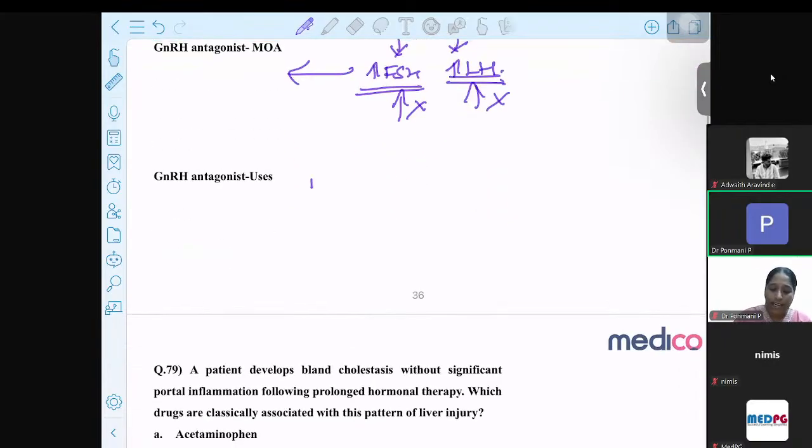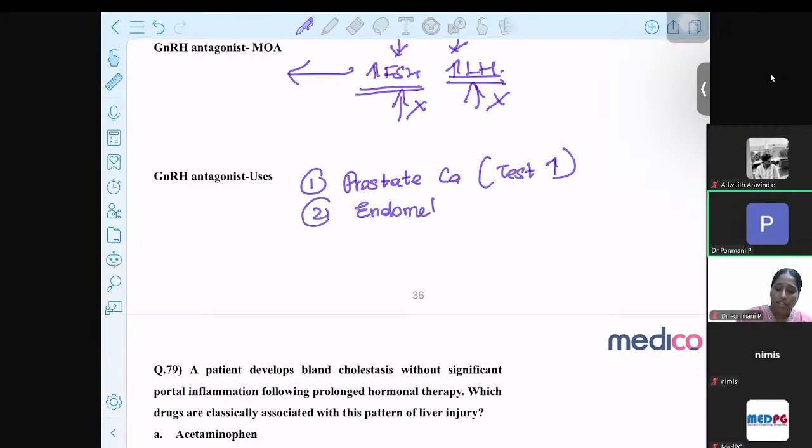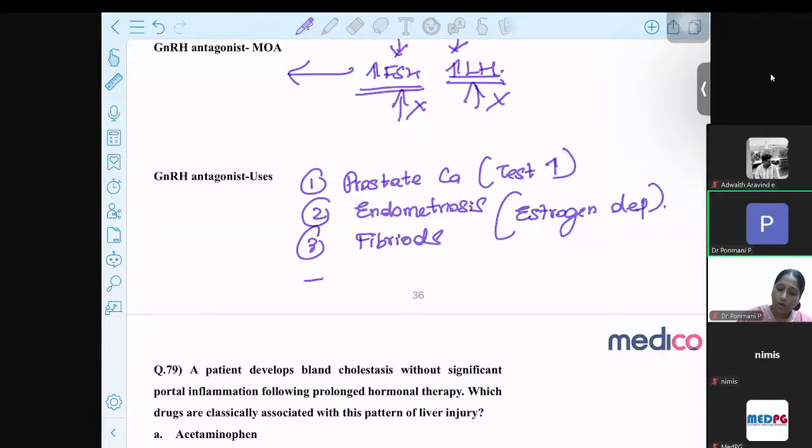It is not needed for conditions like prostate cancer, where the testosterone level is high. And it is also not needed for endometriosis and also for uterine fibroids, which are estrogen dependent. And also, it is being used for IVF, in vitro fertilization.